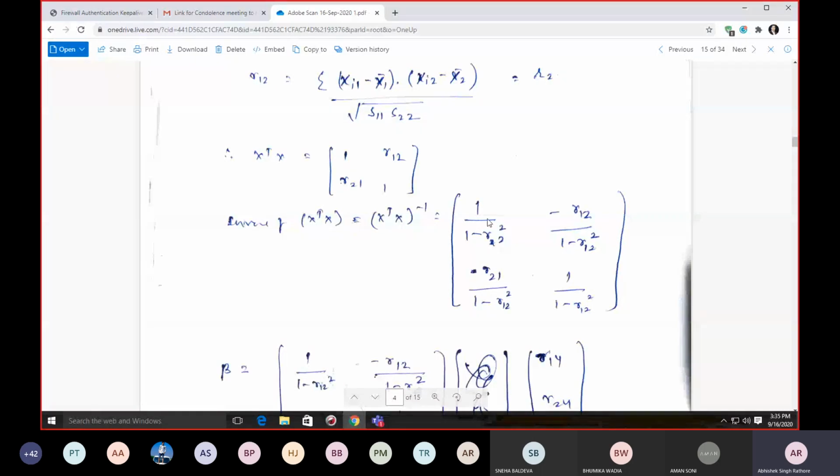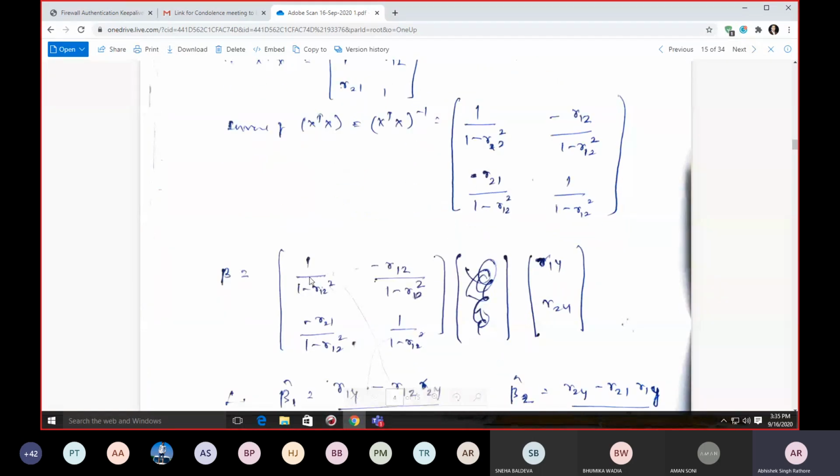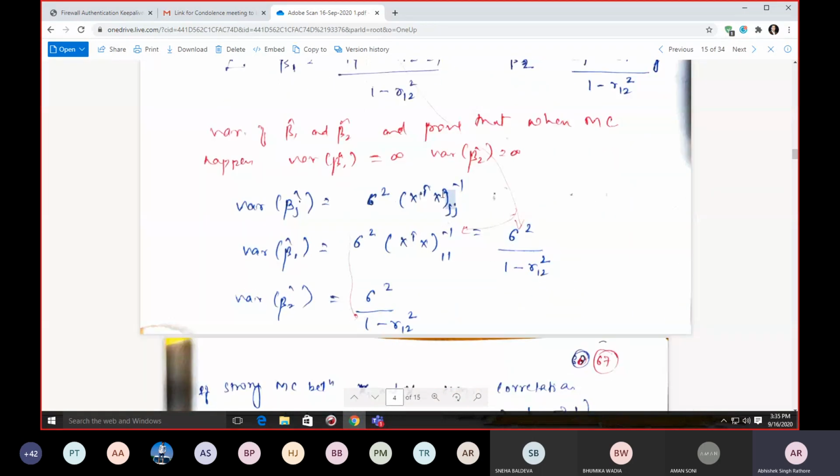Let's say I am considering beta 1, so I'll consider this first value. So this is beta 1 1 and this is beta 2 2. Here I will consider the x transpose x inverse, so this is the value I'll get. So variance of beta 1 is equal to sigma square upon 1 minus r12 square.